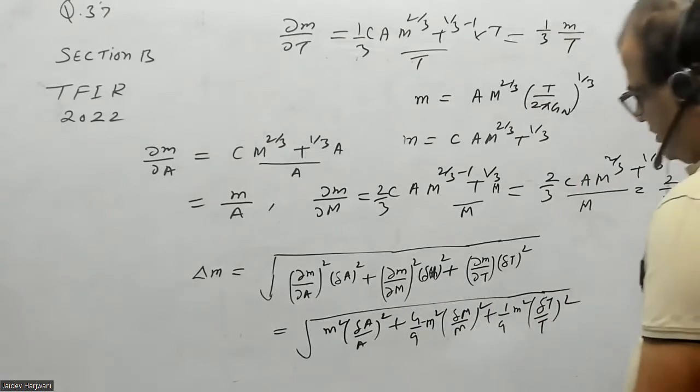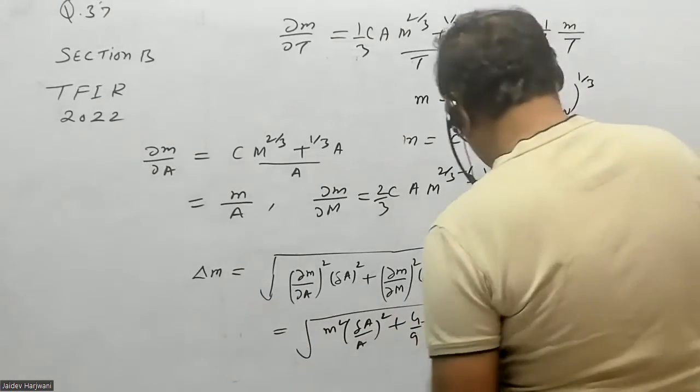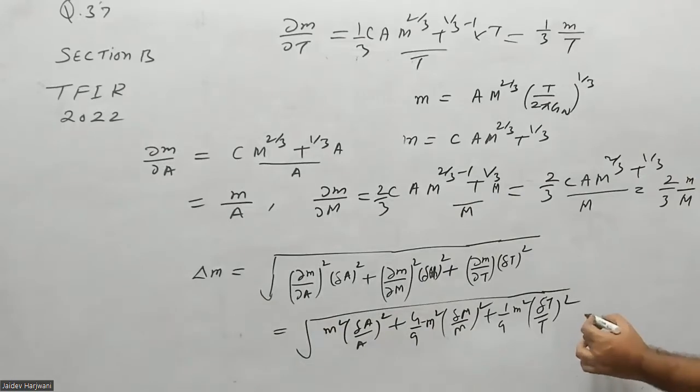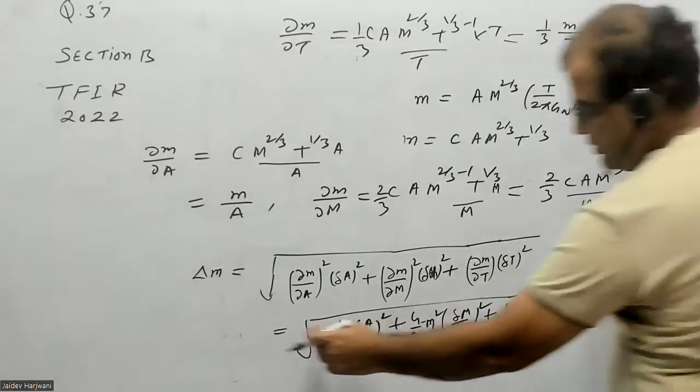Now I can take m squared common from here and it will go to the left side.